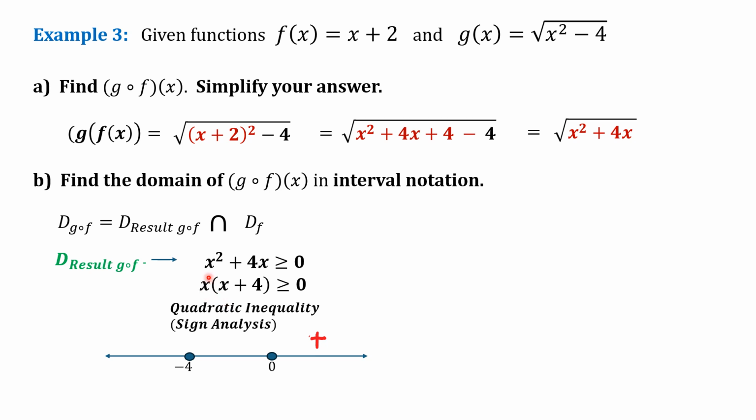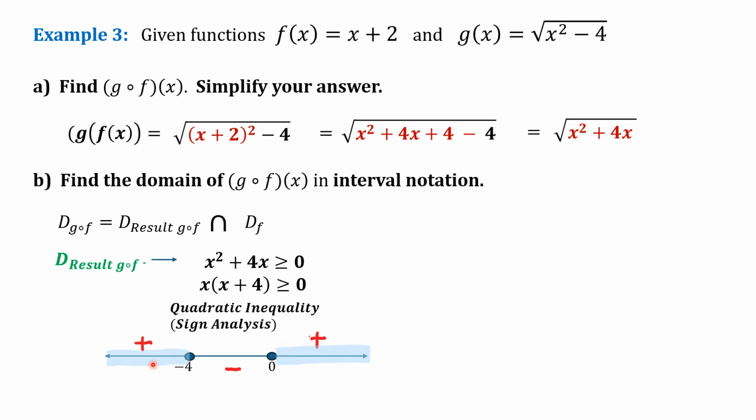The power of x is odd, which is 1, and for x plus 4, the power is also odd. If the multiplicities or powers are odd, it means the signs are changing. So positive on this right side, so in the middle it is negative, and on the left side of this it is positive.